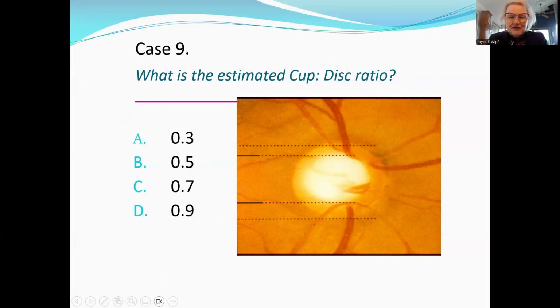So is the percentage of the cup of the disc A 0.3, B 0.5 or 50%, C 0.7 or 70%, D 0.9 or 90%? So this is 0.7, and this is certainly not normal.